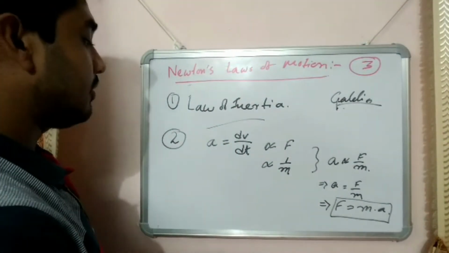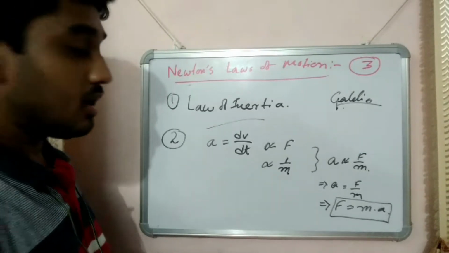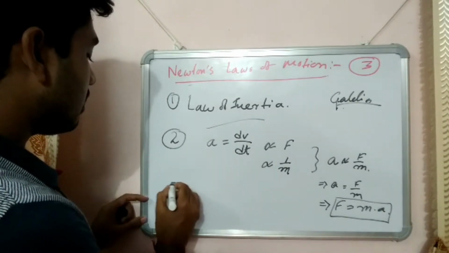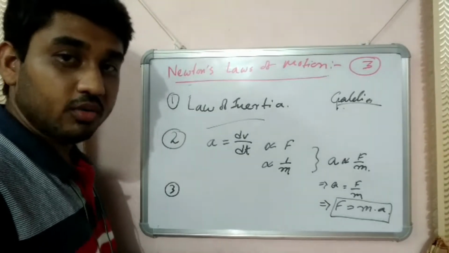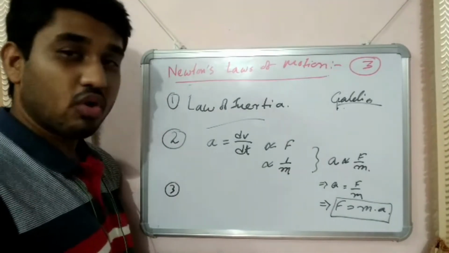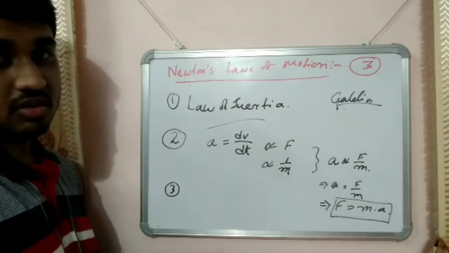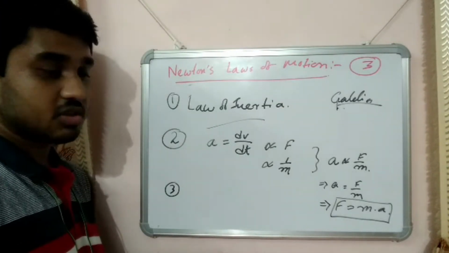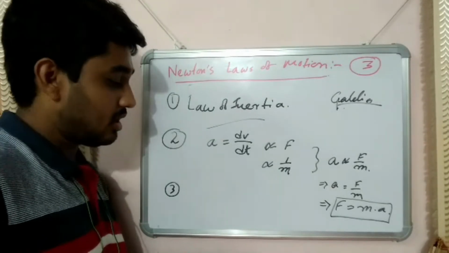The third law is the most famous law, which we use in daily life, even as a joke, but the law is very important and efficient. If this law was not present, we would face a lot of difficulties in real life.